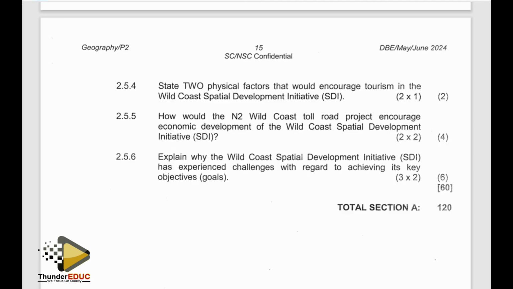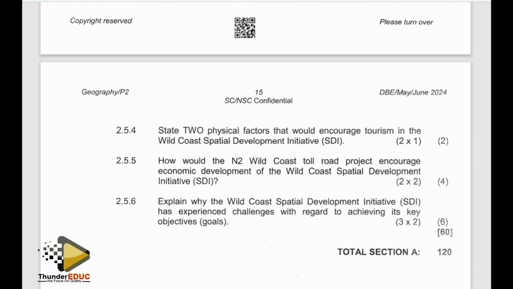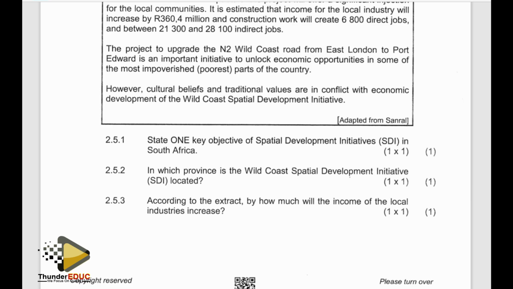So that is some of the arguments that explain why the Wild Coast SDI fails to achieve its intended objectives. It's failing to achieve the core idea of reducing poverty and also the idea of reducing the level of unemployment in the area.